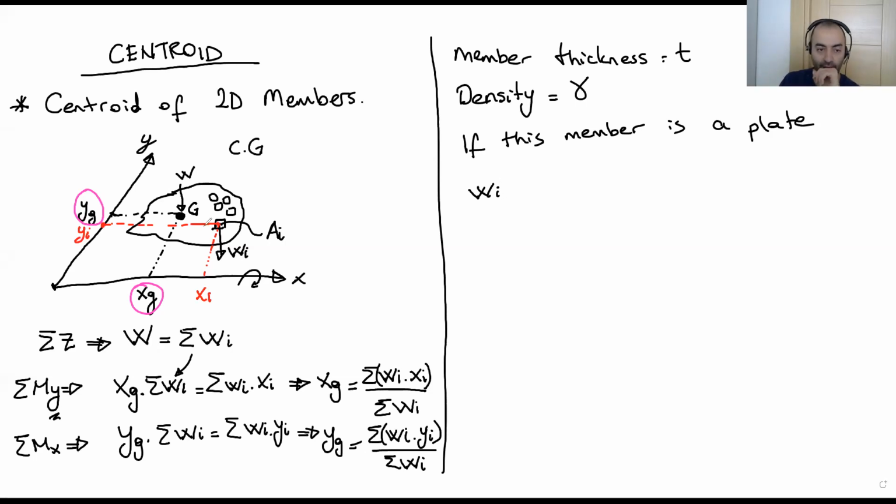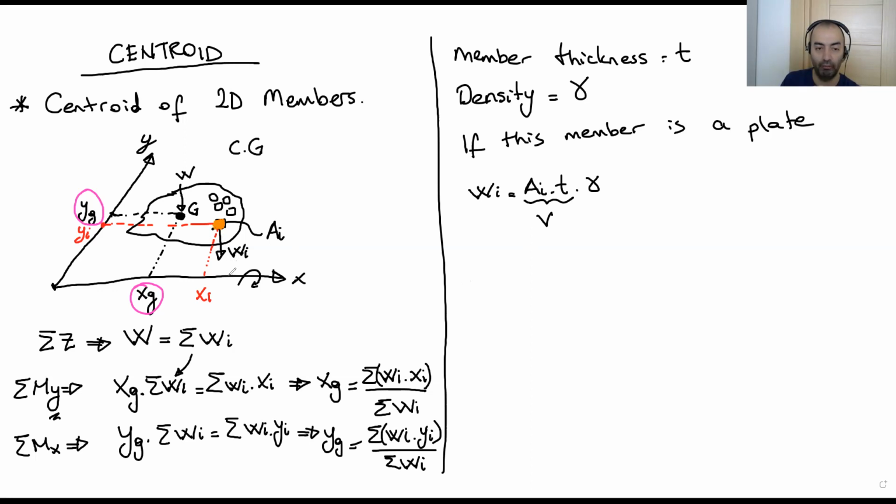So if we take a look at this small member here in the sketch, I made it orange. If we write the weight equation, what is it? Ai, area, times thickness, T, right? This is the volume, times density. This gives me the weight of this small member.